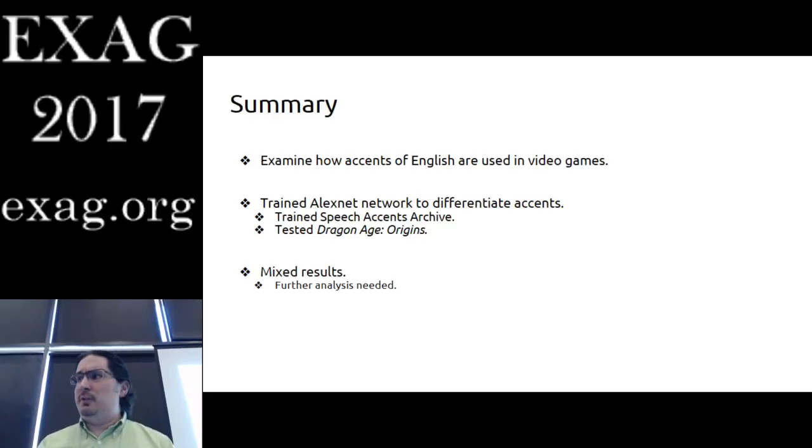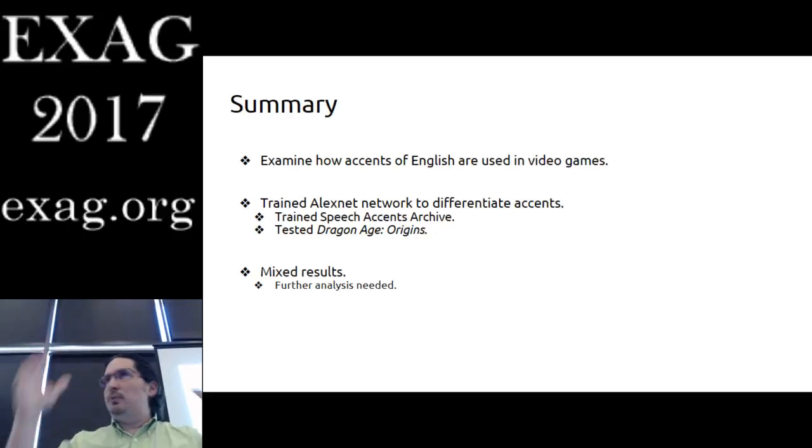And he actually suggested to go even smaller than 1 second chunks, because with 3 seconds, the information you're getting is the contours, so the contours will help you with the archive, but they won't necessarily translate to Dragon Age, because you won't get that much fine detail that you might need, because again, it's the same phrase over and over, right? So you're just seeing the contour of that. You're not getting the accent-specific things. So that's one of the things that we're trying to do, going with smaller window chunks.